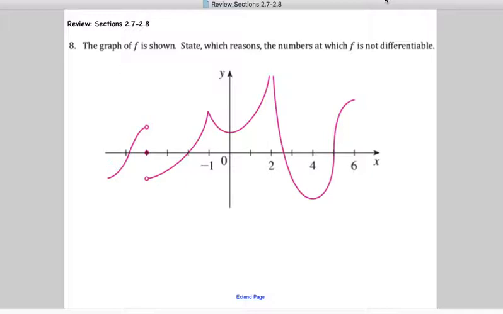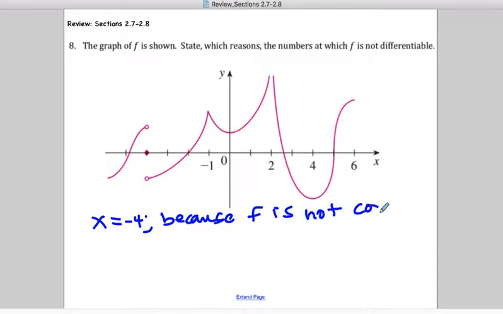So first things first is I see there's a discontinuity at -4 maybe. 1, 2, 3, 4. Here's an issue. There's a discontinuity. Can't take the derivative there. So at x equals -4, we are discontinuous, or we can't take the derivative because f is not continuous.